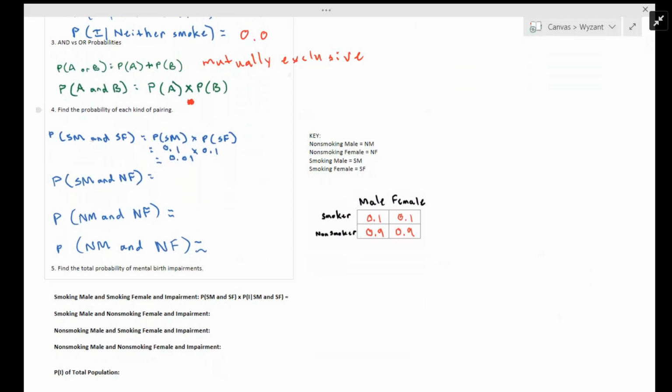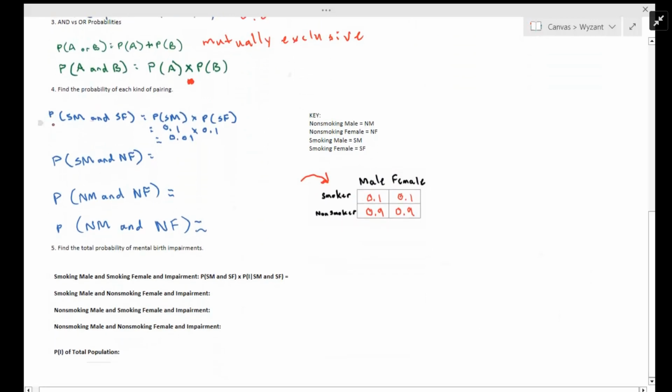Next, find the probability of each kind of pairing. So we're going to use the chart over here and just plug it in to find the probabilities. So probability of smoking male and smoking female: probability of smoking male, which is 0.1, times smoking female, 0.1, and then we get 0.01. So we're done with that.